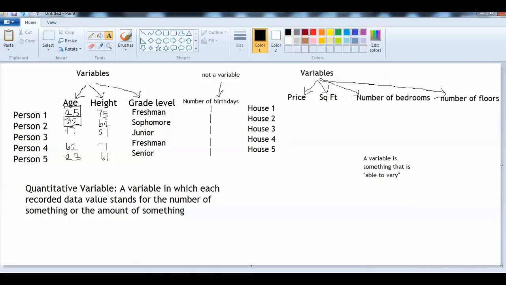Each person's height is showing the amount of height that the person has. So height is a variable. And if we were recording number of children, then that would also be a quantitative variable, because each data value would be either the number of something or the amount of something.